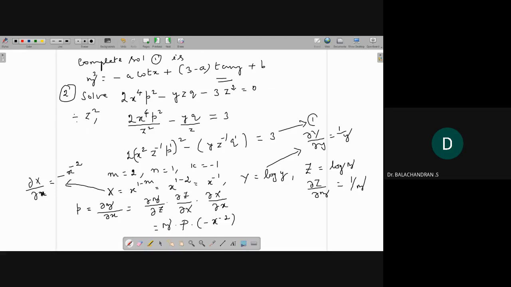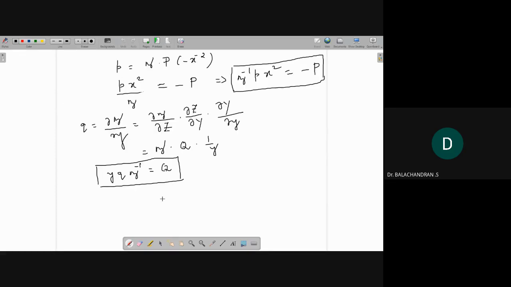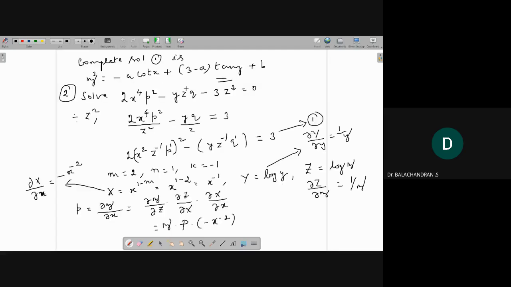Equation 1 implies we have 2 into minus p whole square, and then q, minus q equal to 3.